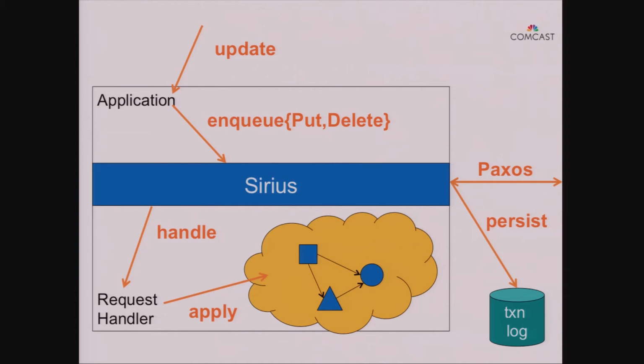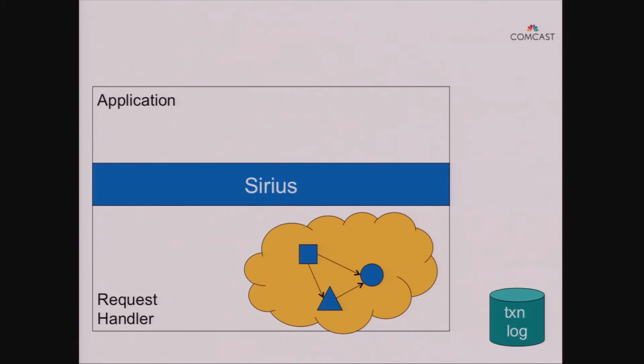And so it's easy to understand how the data flows through your application that way. What this means is you're in total control of the data structures that are used down here and how and when they get updated. Sirius will tell you, hey, here's the next update to apply, and it does them one at a time in a synchronous fashion. So it's relatively easy to keep things updated this way.